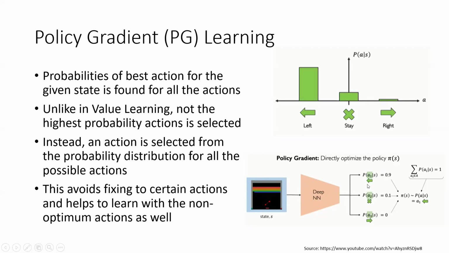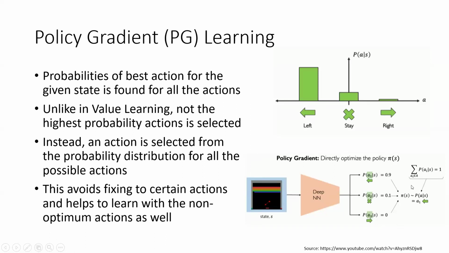So what happens is in this given state S, you will have internally probabilities for the action A1 for moving left, for the action A2 staying as it is, and the action A3 for moving right. So these are the probabilities, and the addition would be 1, right? Because the probabilities should add up to 1.